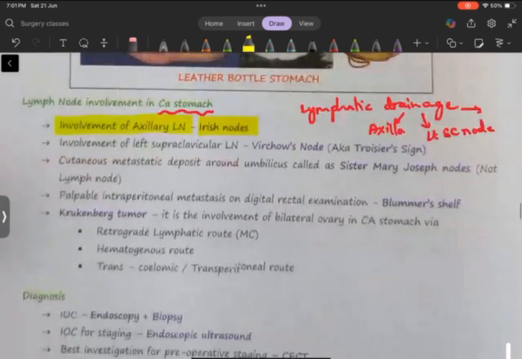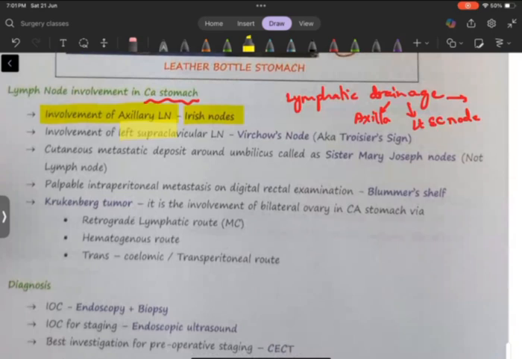Okay na. If there is involvement of the left supraclavicular lymph node, then the left supraclavicular lymph node will be enlarged, and that is called Virchow's node, and this sign is called Troisier's sign. Basically the patient will be coming with complaints of abdominal pain, and you try to examine the patient. You will ask him to expose the anterior abdominal wall, and incidentally you will be able to see an enlarged left supraclavicular lymph node.